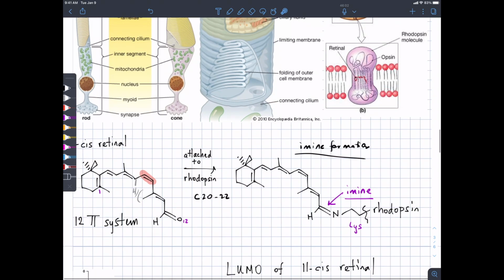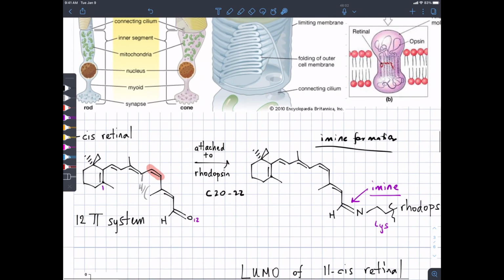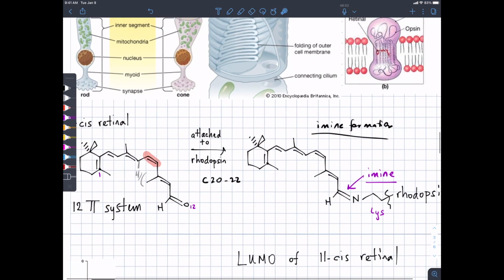And the retinal is loaded onto the protein via chemistry you'll learn about in 352. It's an imine bond. We take a nitrogen from the protein and we replace the oxygen in the carbonyl. Looks weird now. You'll figure it out in 352.